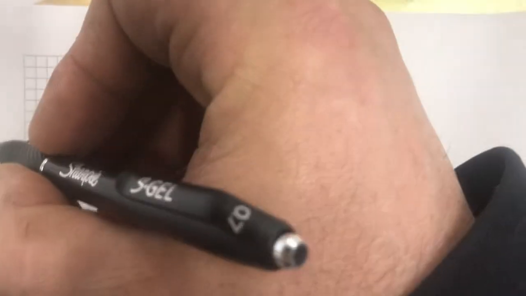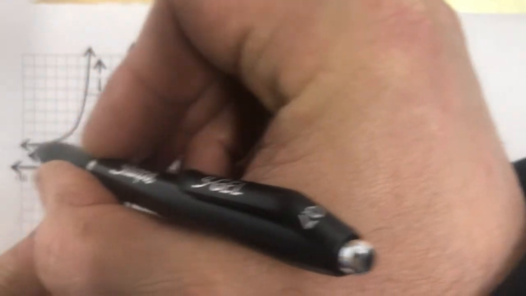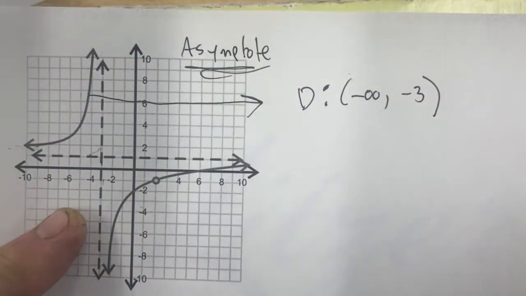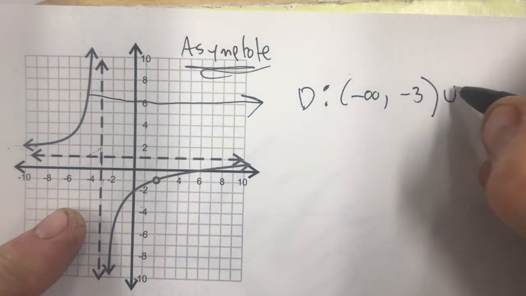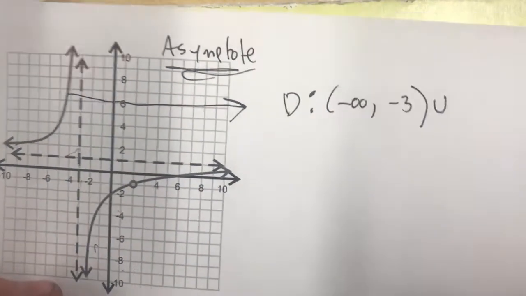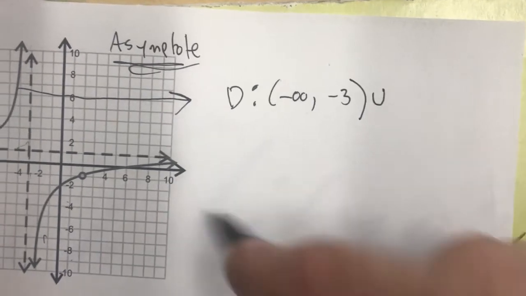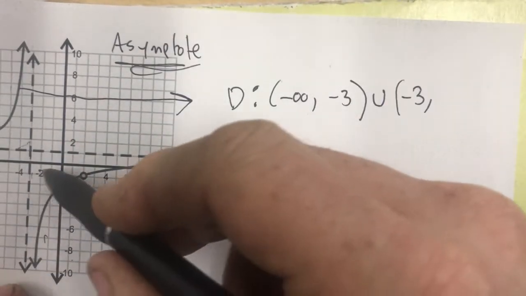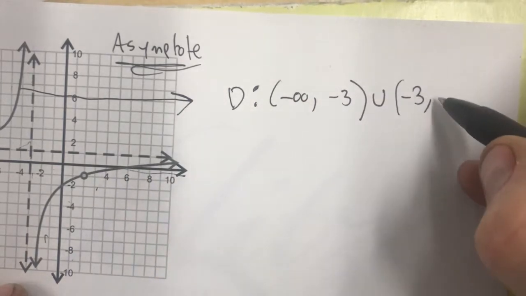So this part goes to negative infinity, and it goes to this dotted line right here, which is -3, and it will not cross it, so it's a parenthesis. Then we do a little union thing for this part. The furthest to the left it goes is the -3. The furthest to the right it goes, well, this thing goes forever.